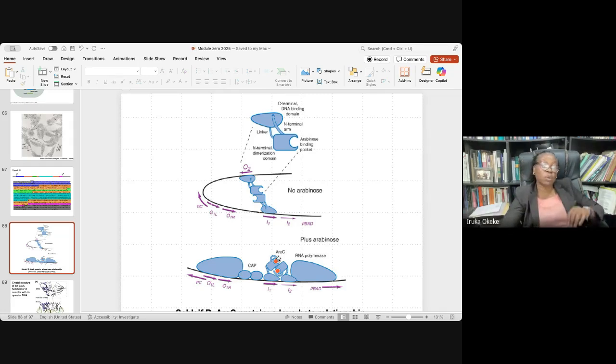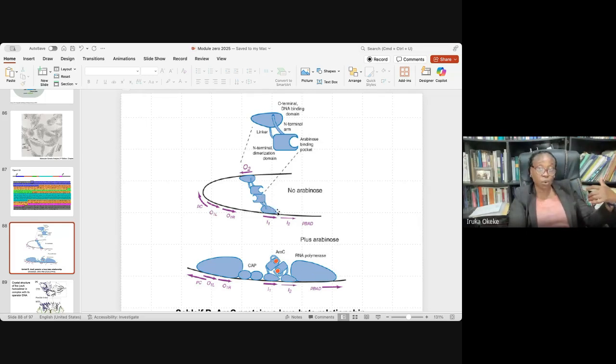But once AraC comes out of the ribosome as a long strand, it's not going to be able to do this. It does this because it's going to fold in a particular conformation that allows it, number one, to dimerize. You can see dimerization is essential for AraC to function in either situation.